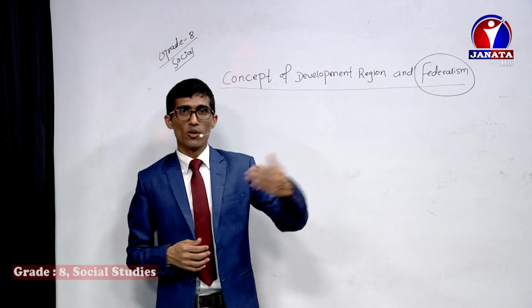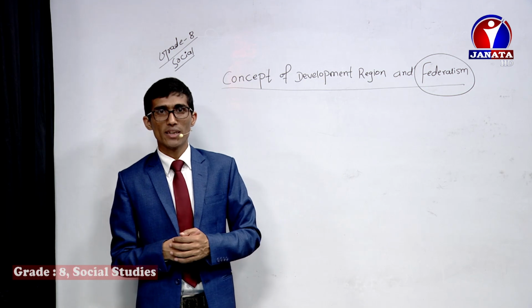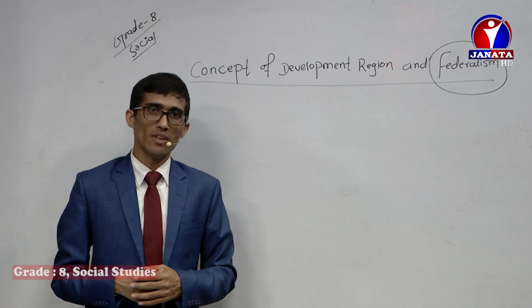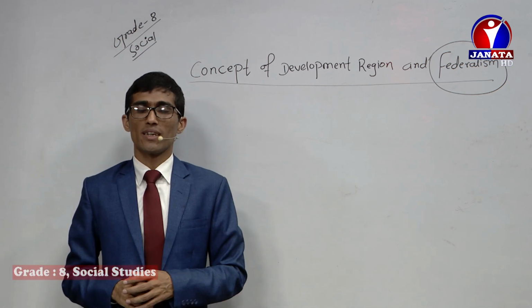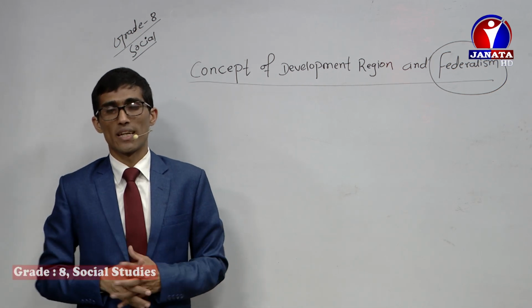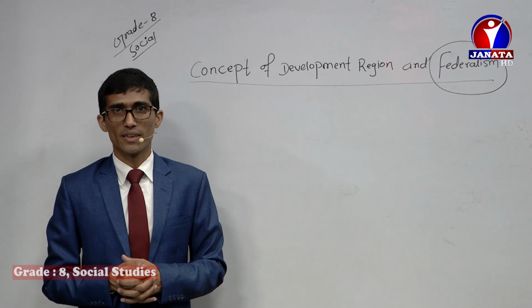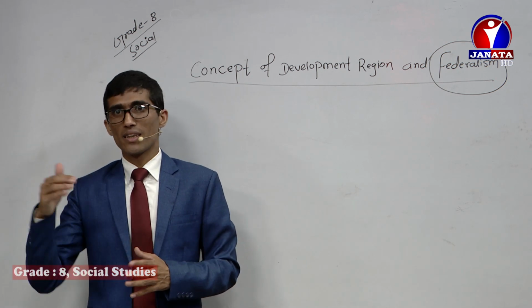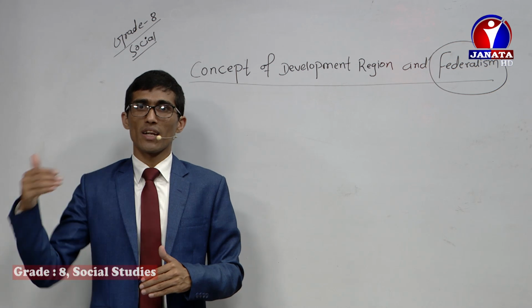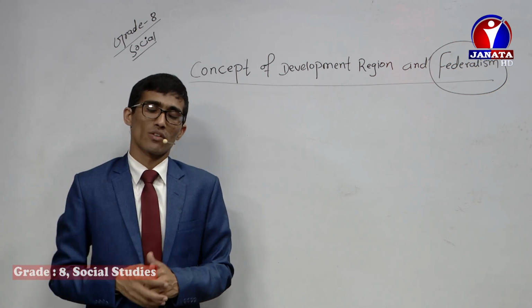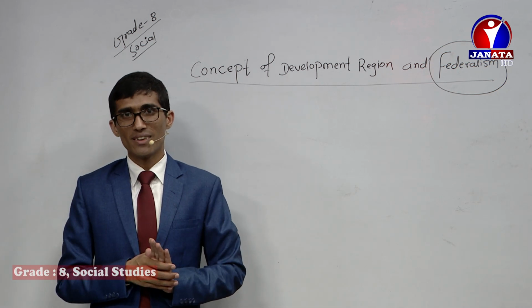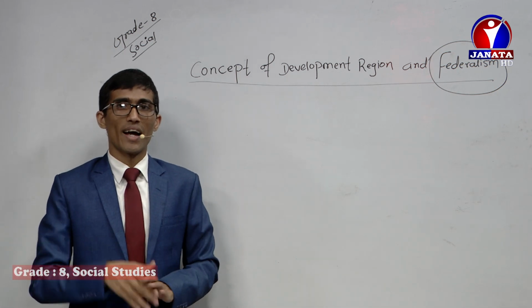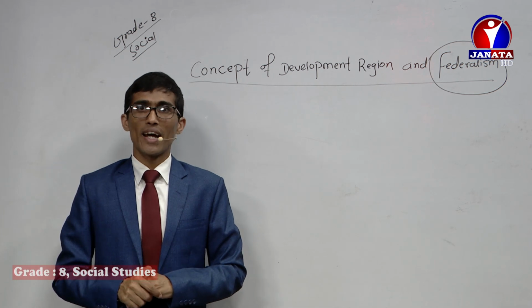In province number 1 there is one provincial assembly, in province number 2 another, in Bagmati province there is one. Each and every province has one provincial assembly. Another is the central government's federal assembly or federal legislature. So separate executives, legislatures, and judiciaries are there.